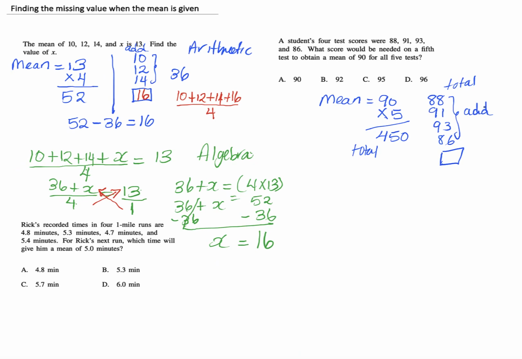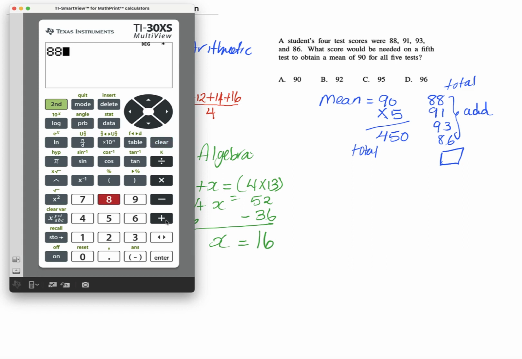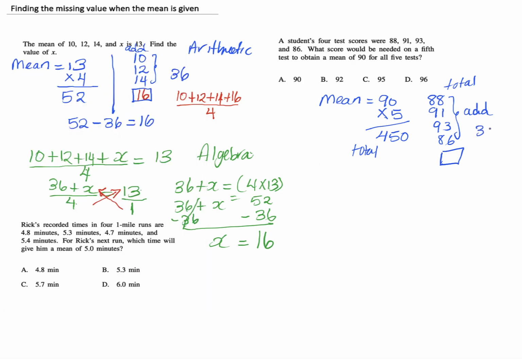And remember, on this section of the GED exam, you can use your calculator. So we're going to add 88 plus 91 plus 93 plus 86, and that gives us 358. So this gives 358 for our total.